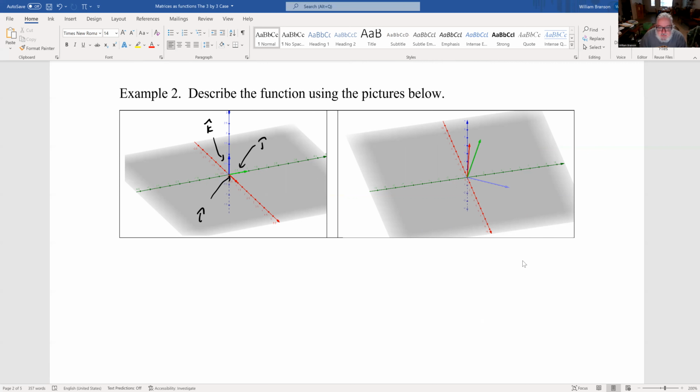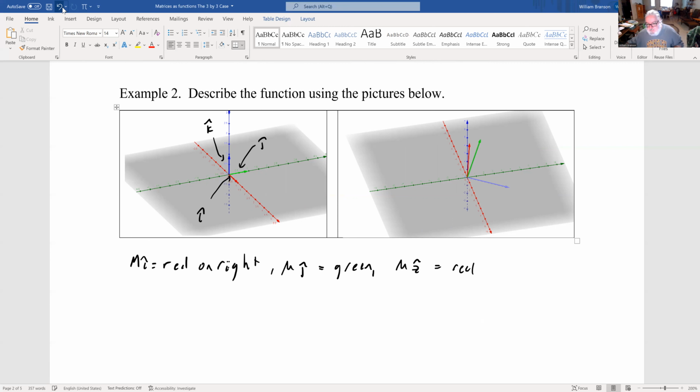So M times i hat is the red vector over here. M times j hat is green, and M times k hat is blue. And they're linearly independent.